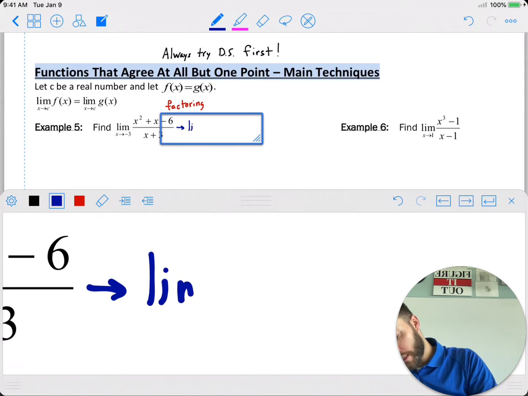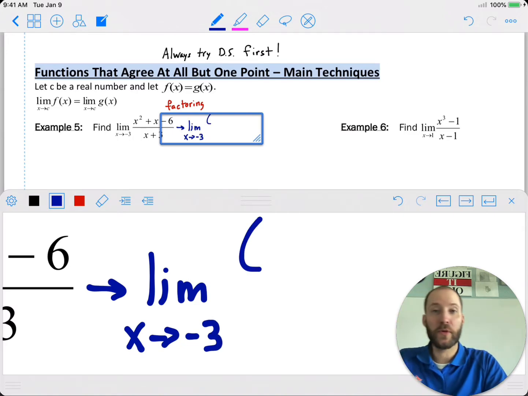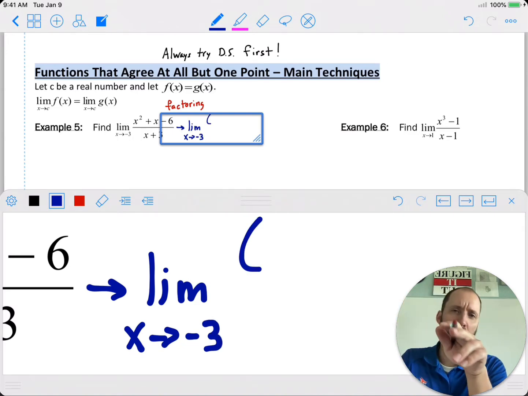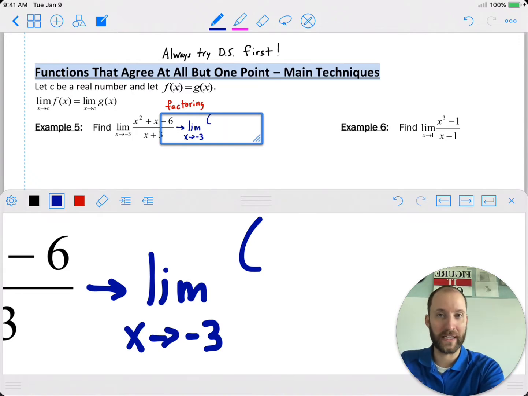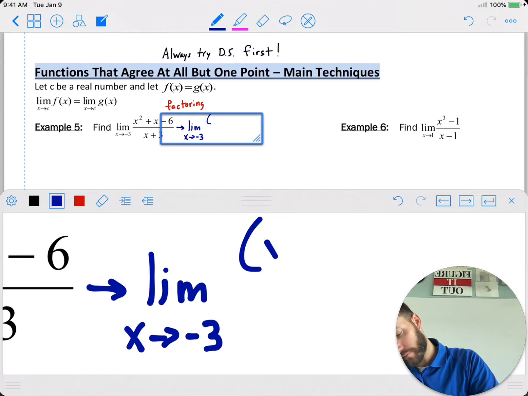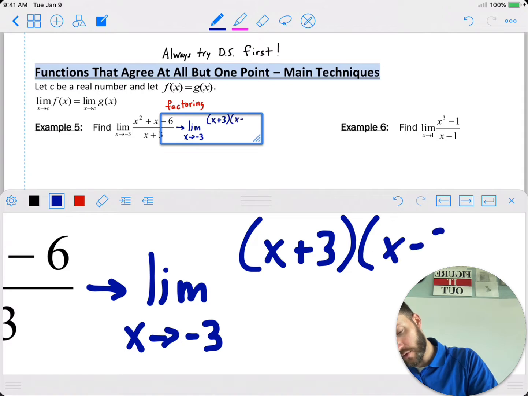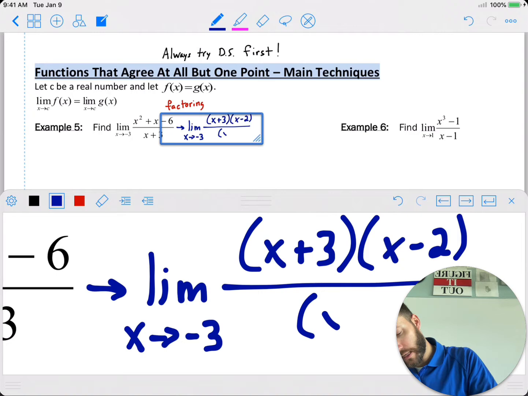So the limit as x approaches -3, the top you can factor down. Think what numbers multiply to -6 but add to +1. That'd be +3 and -2, and that's all over still x plus 3.